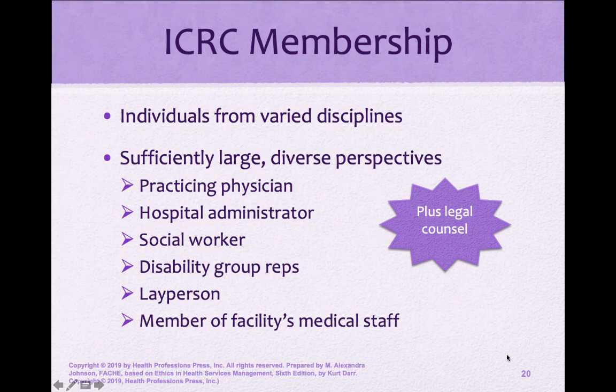So you may have people that represent that specific disability group. Maybe a patient that has cerebral palsy who is now an adult and has dealt with many of the treatments and whatnot. Have folks like that on your committee.